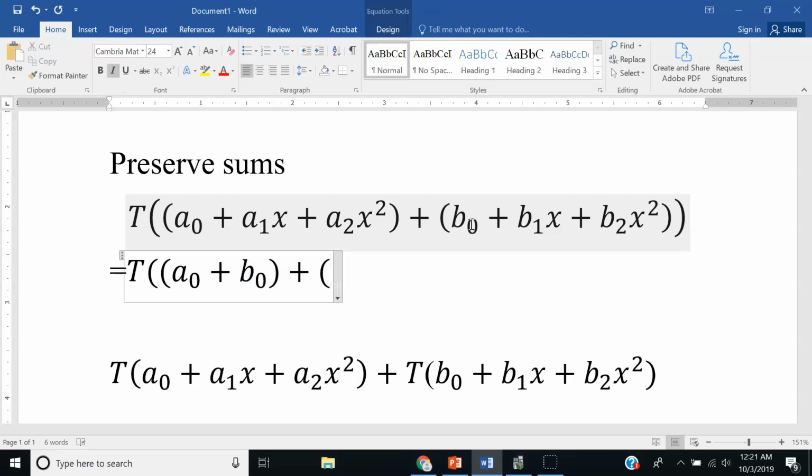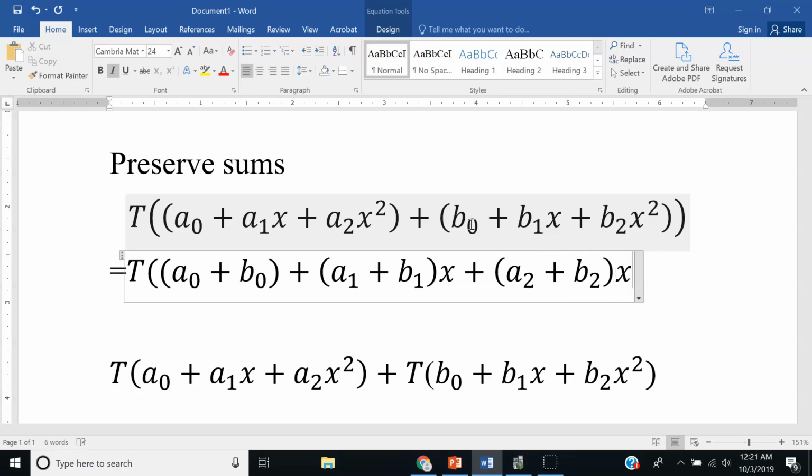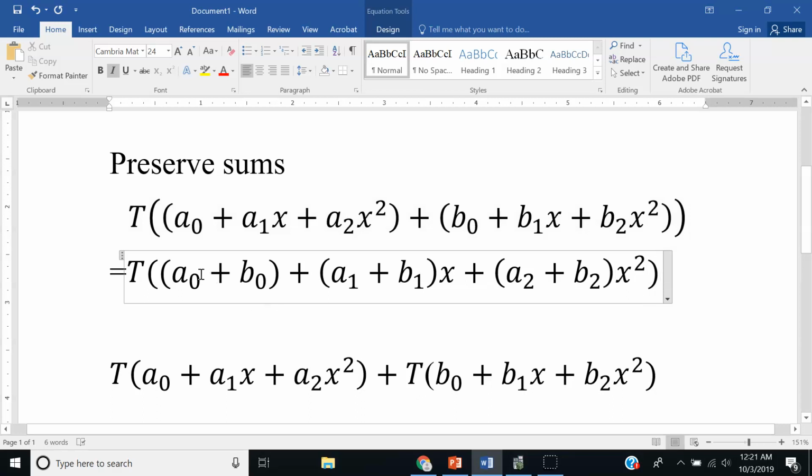My coefficient on the x is going to be a1 plus b1. And then the coefficient on the x squared is going to be a2 plus b2. All right. Now again, this is just one big long vector.